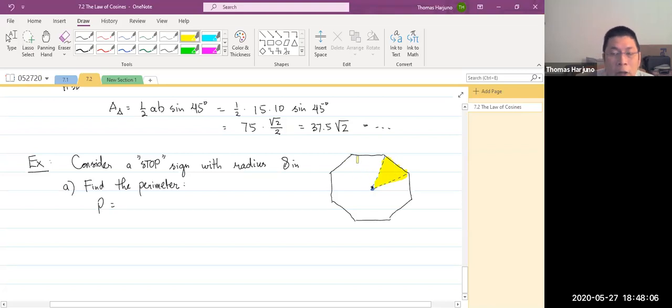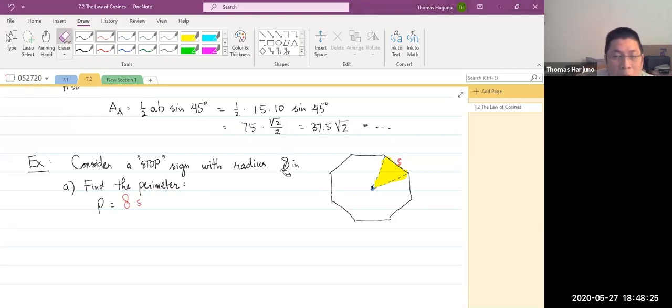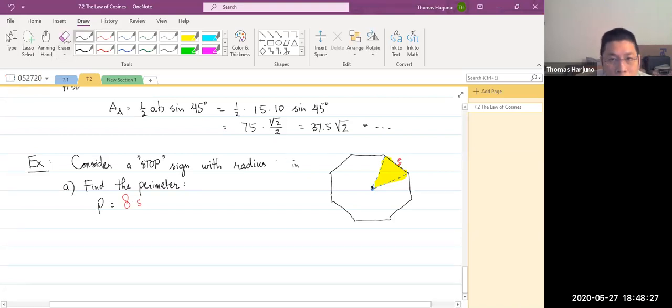Now then, because a stop sign has 8 sides, the perimeter, let's call this S here, is 8 times that side S. Because again, it has 8 sides. Let me change that 8 inches to 10 inches instead, so that you don't confuse that with these 8 sides. A stop sign has 8 sides. We call that an octagon.